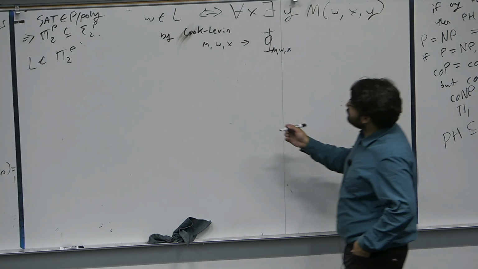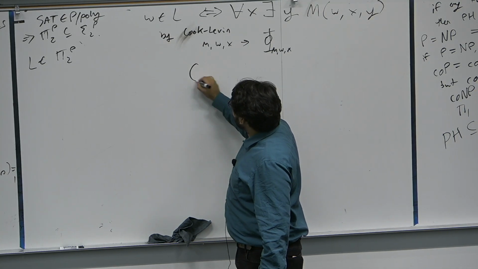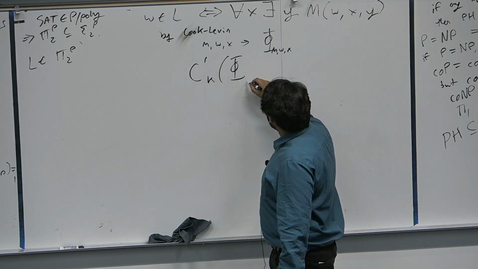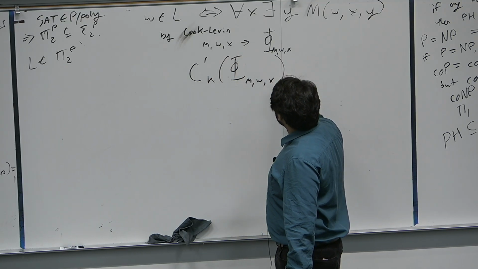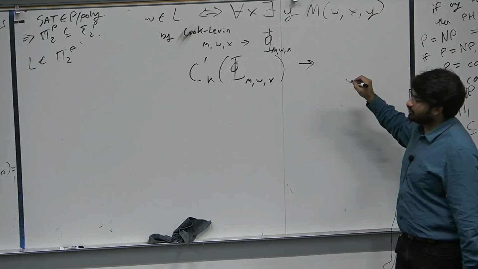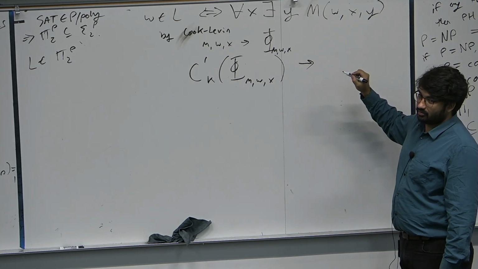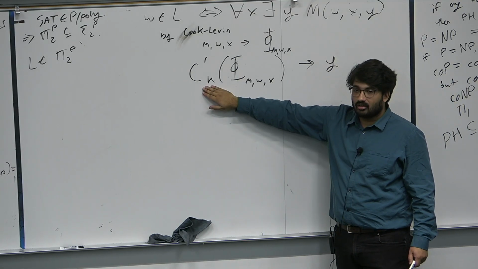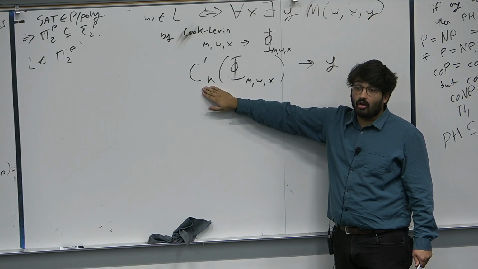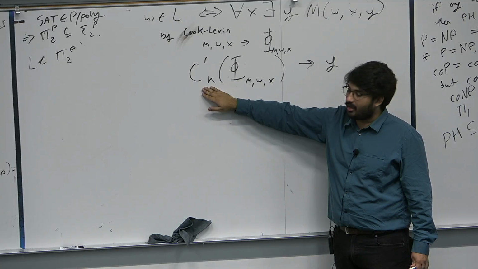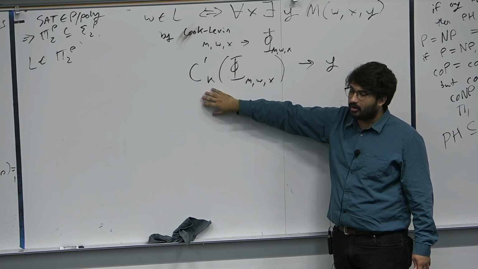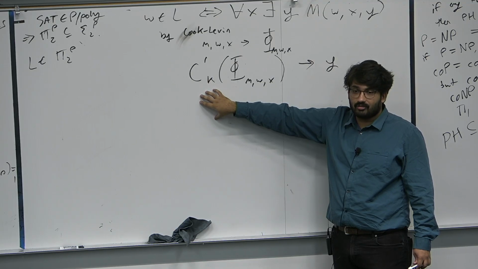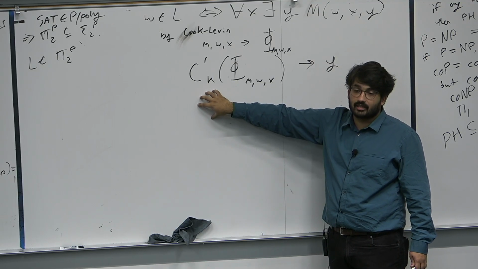So what that means is C prime for some K on input phi M comma W comma X should output Y. If this is a circuit that solves SAT in polynomial size, we don't need the polynomial size part, but this is a circuit that searches for the satisfying assignment for a CNF, right?